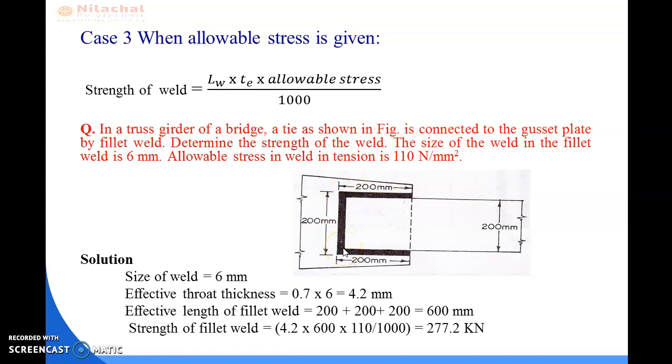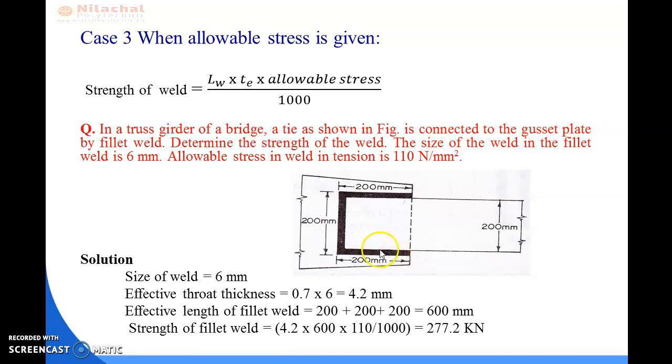So the total effective length of the weld should be the two sides of the welding, that means this 200 mm plus this 200 mm, with the vertical welding side. Okay, we have to sum all the three sides of the welding to find out the value of effective fillet weld length.